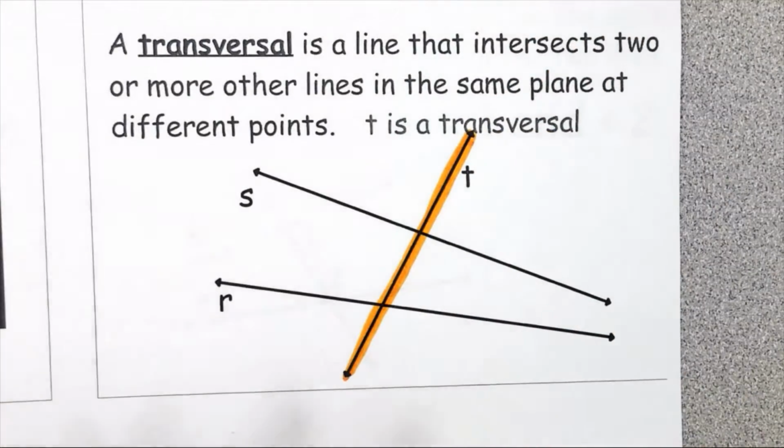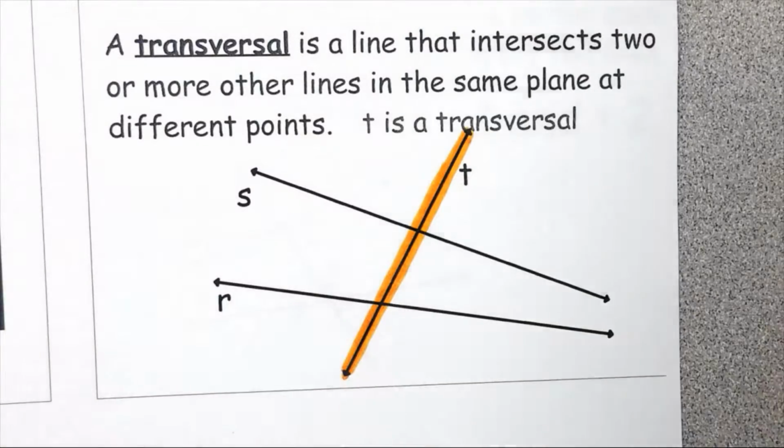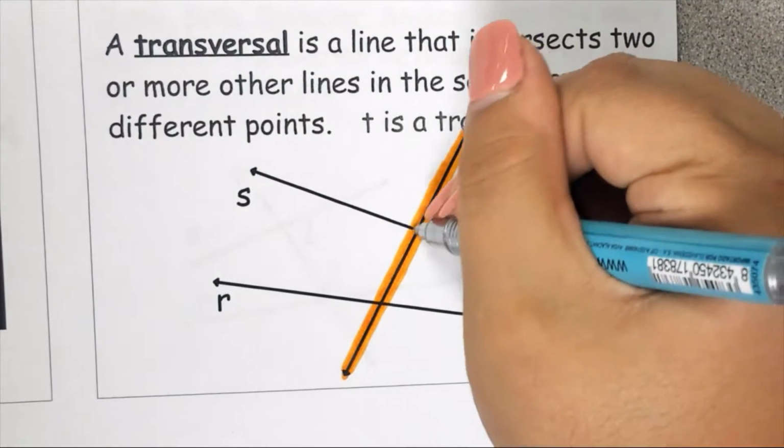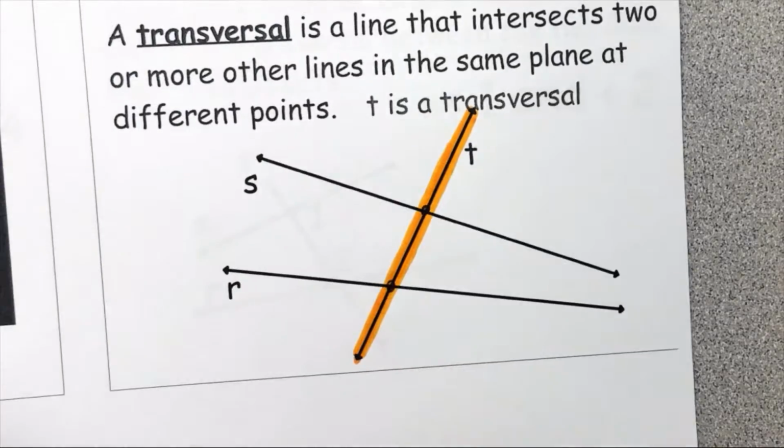The transversal is the line that is cutting through 2 other lines. So it is intersected twice. Okay, again, pause if y'all need more time.